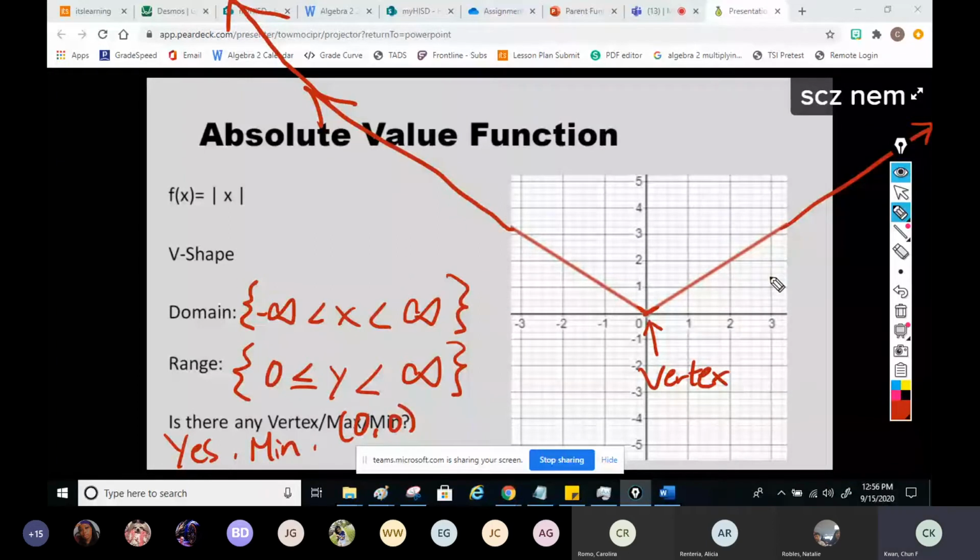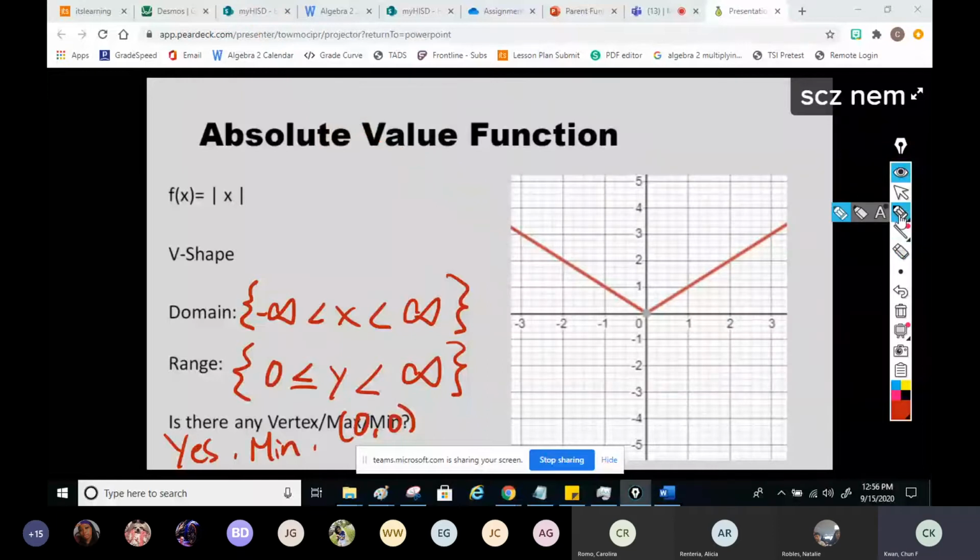All right, so absolute value is also very useful because there are a lot of things in nature that are never going to be negative. So what are some things that can be negative? Things that can be negative would be like your bank account.